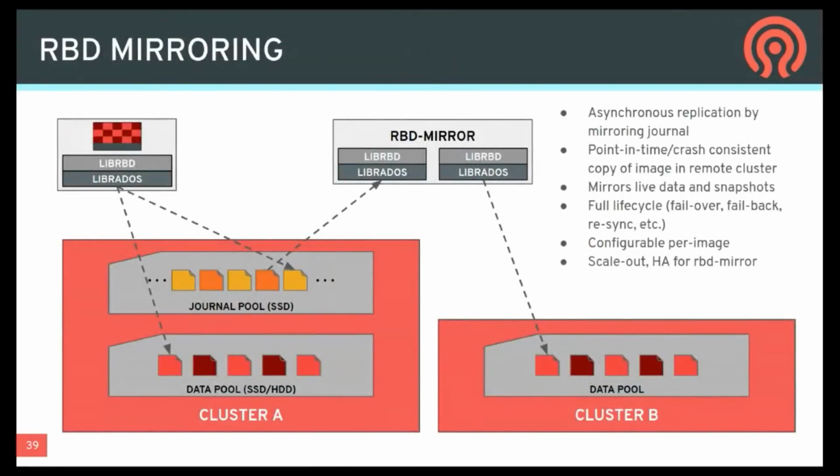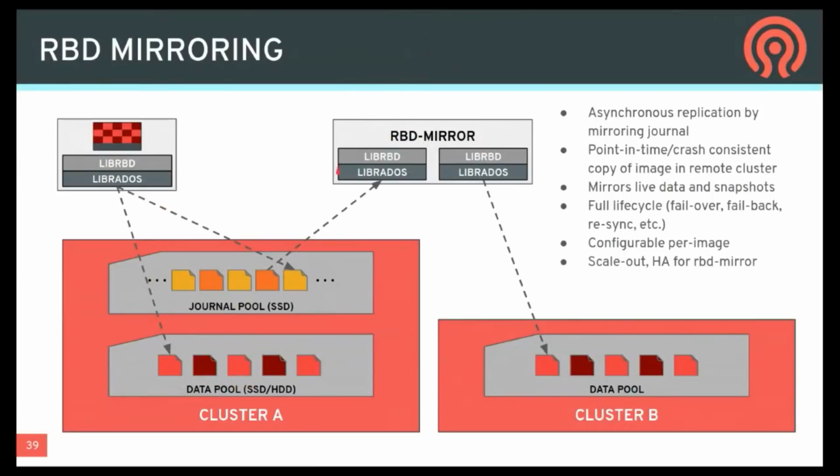this RBD mirroring feature. RBD mirroring is the ability to asynchronously mirror an RBD image that's stored in one cluster into a different cluster, probably in a different location and different data center. In that case, you have the first cluster, which has somebody consuming the image. It's making writes, appending to the journal, and then flushing them to the data pool, like we just described.